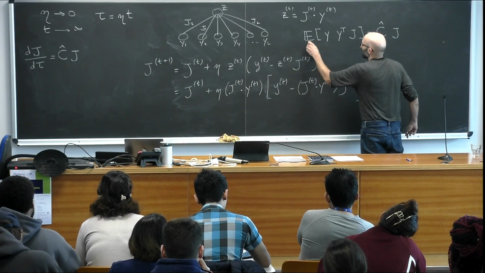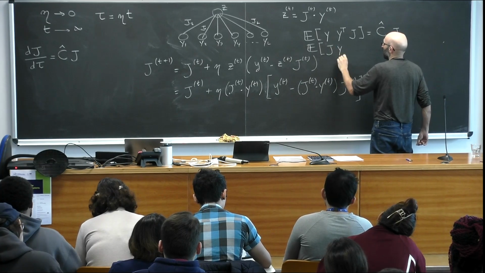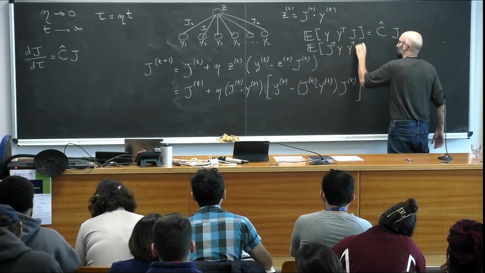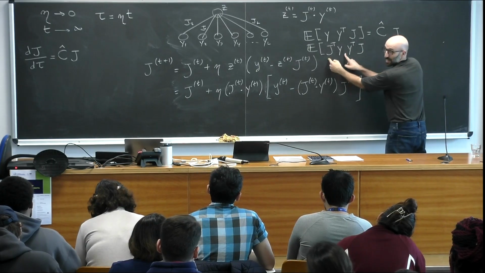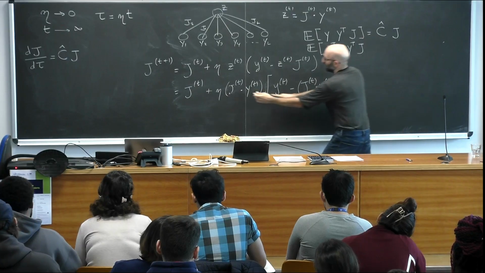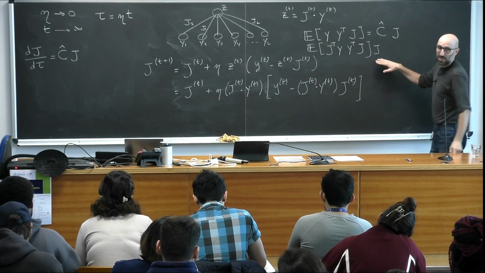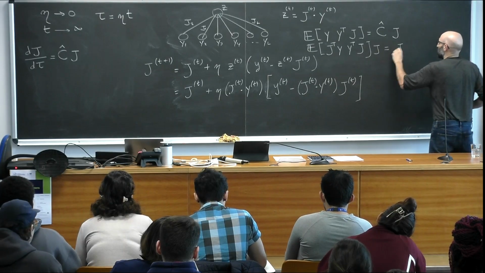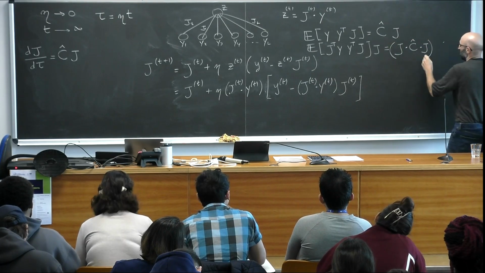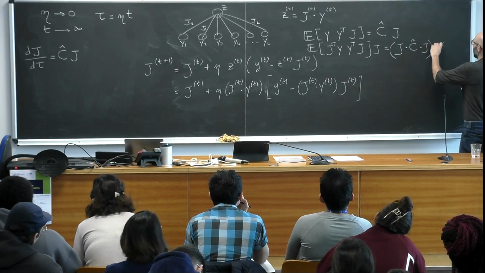So I get the average. I can write this as j transpose times y transpose times j. So this is the scalar product of j with y, and this is y with j. And then there is a j. So this will be j dot c hat dot j, because again the average of y transpose is c hat, times j, right?